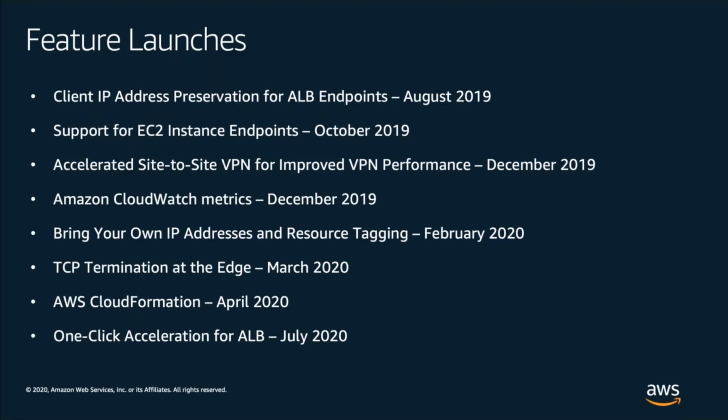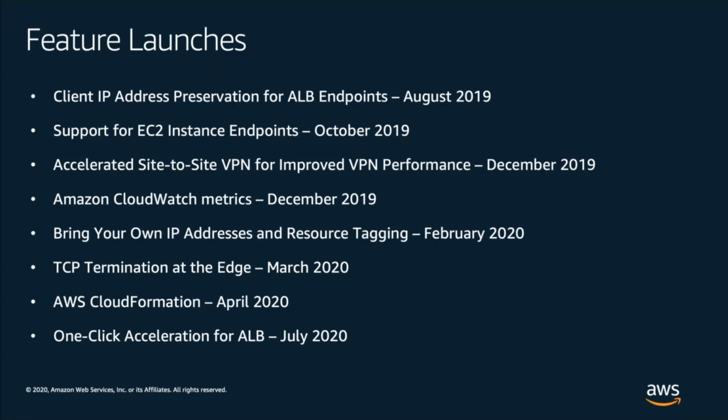We've done this for application load balancers and EC2 instances. We'll explain in a second what this allows you to do, but this makes Global Accelerator transparent. So you get the benefits of Global Accelerator without having network translation at the edge and any of that.